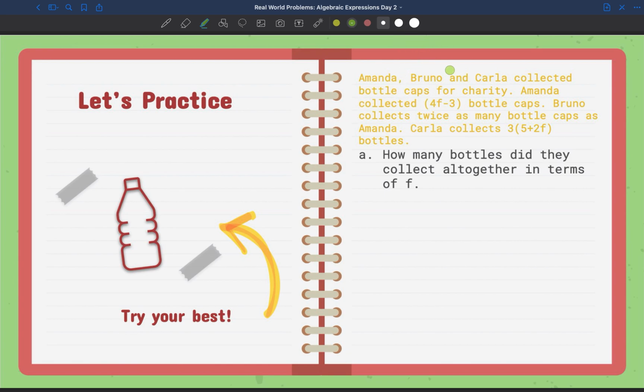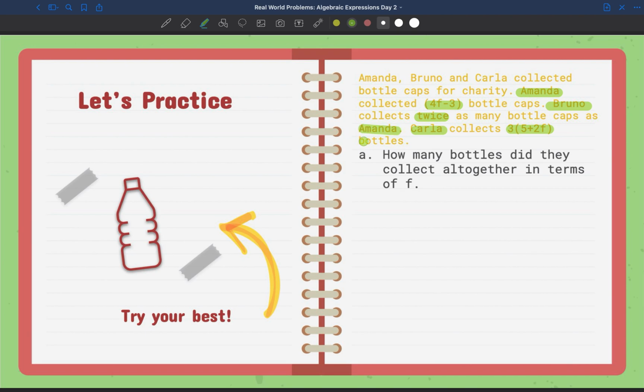So again, we want to highlight all the key details. So we know that Amanda collected 4F minus 3 bottle caps. And Bruno collected twice as many bottle caps as Amanda did. And Carla collected 3 times 5 plus 2F bottle caps.